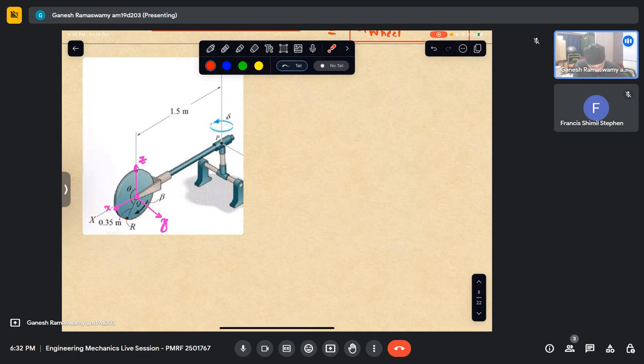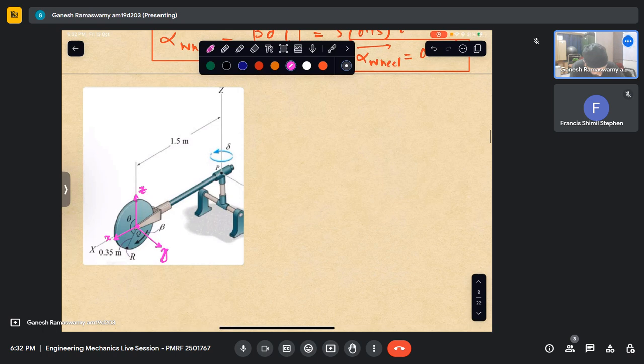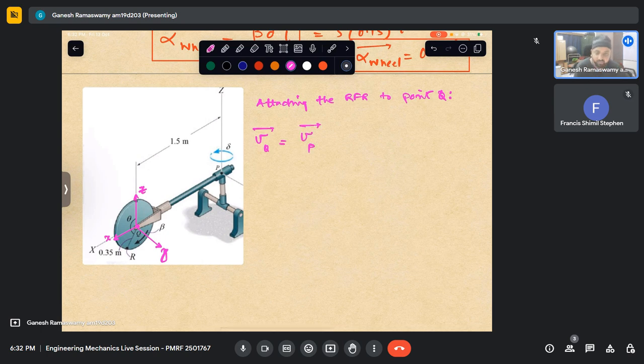So if I were to place myself here, let us say what is velocity of Q? So velocity of Q becomes, by relative motion analysis, velocity of P plus delta K cross R of Q with respect to P. This we know. If we attach a frame here and then this is my velocity vector, I will be able to gauge its velocity.